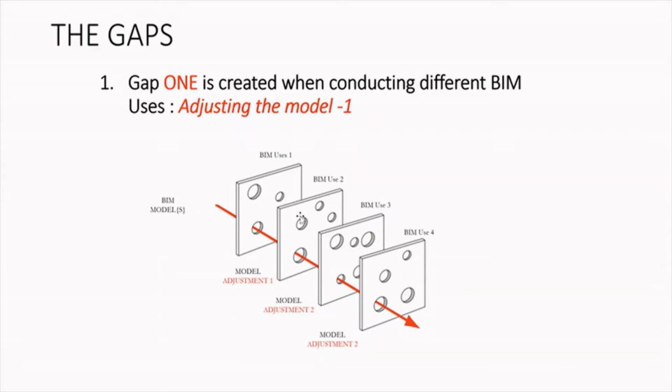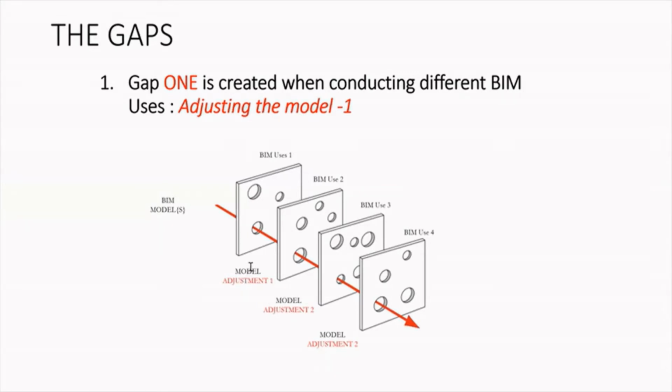And let's say after you do the energy analysis, you want to do some cost estimating as BIM use 3, you would have to also do another model adjustment. And if you wanted to do another BIM use, probably 4D modeling, you might have to do another model adjustment. Now, these model adjustments can lead to rework as well.